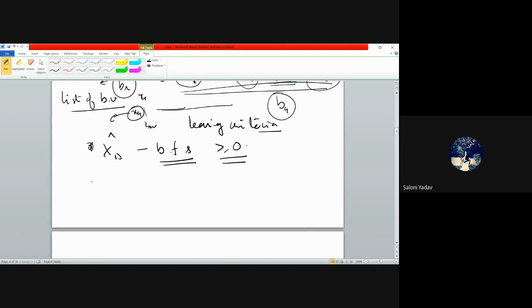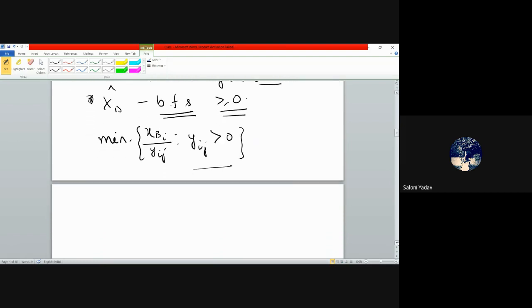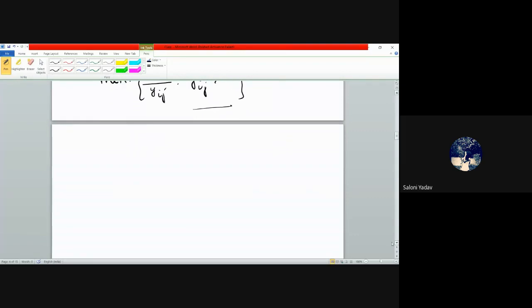So if I choose my leaving variable with this criteria, the minimum of xBi upon yij for all those yij's that are strictly more than 0, then my new solution will be a basic feasible solution. यहां तक समझ में आ गया? Is this okay? Yes, ma'am.